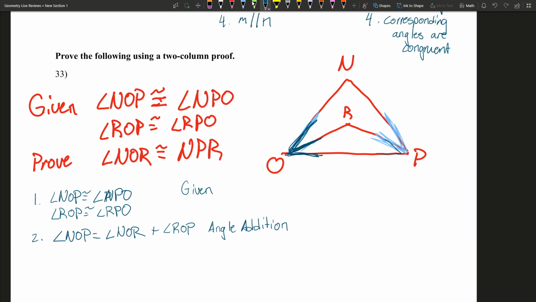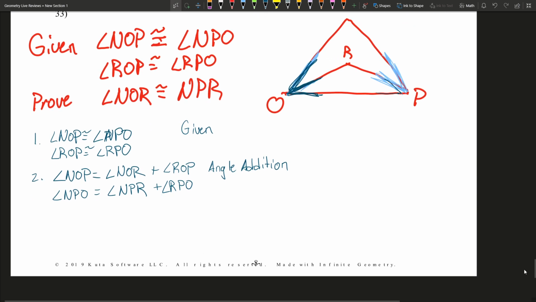And then we can do the same thing for the right hand side. So NPO is equal to NPR plus RPO. And that's the same reason.